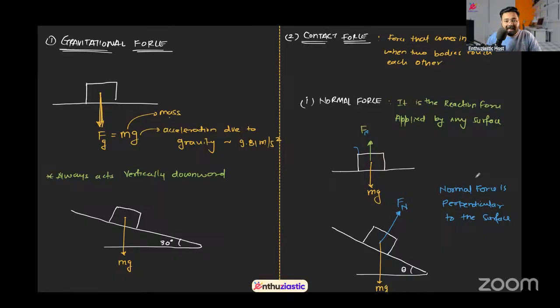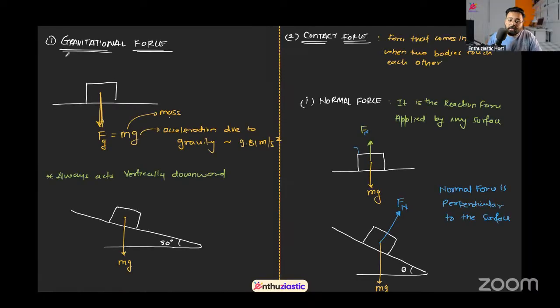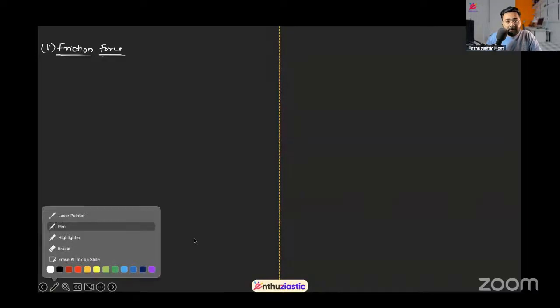Now moving on to the next kind of force. The next contact force that we have is called friction force. Friction force is the resistance offered by one surface to another surface.